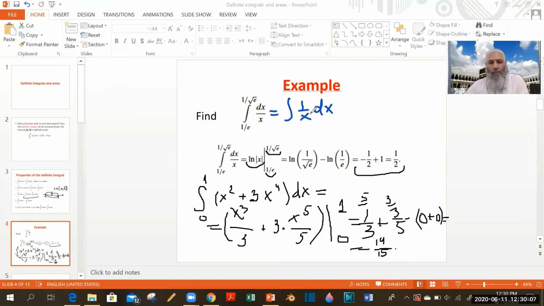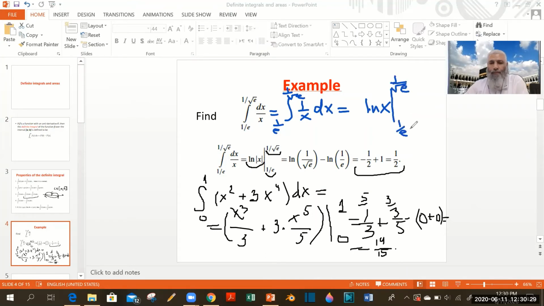Integration of 1 over x is ln x, just ln x. So this is ln x from 1 over e till 1 over root e.